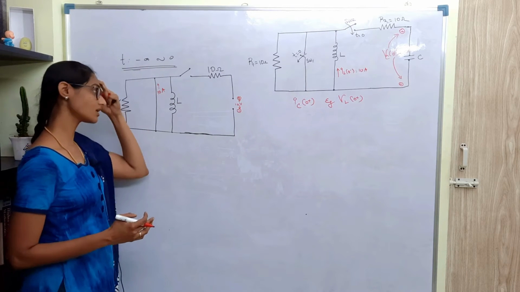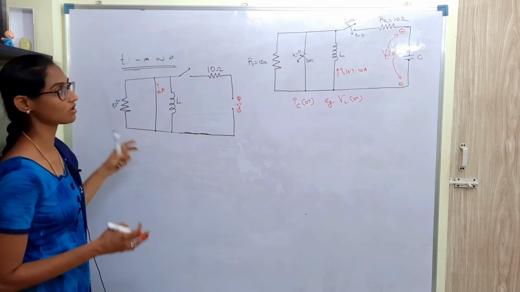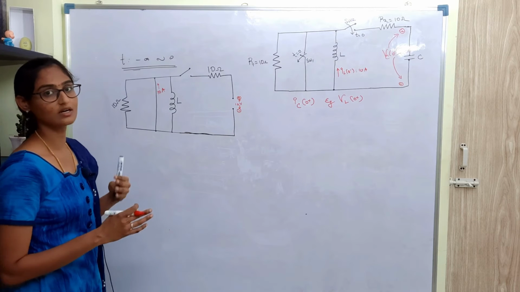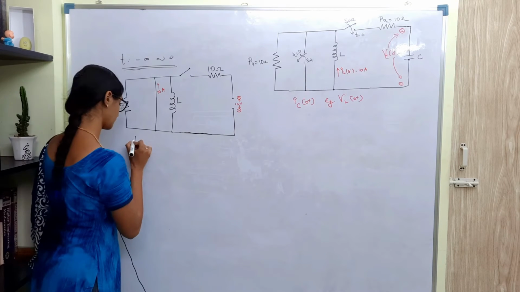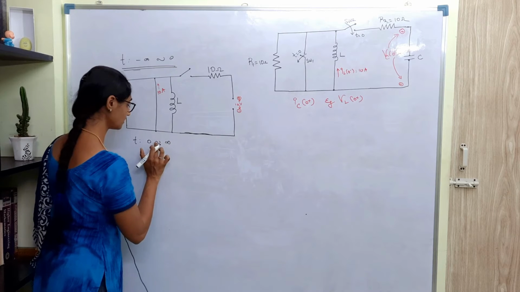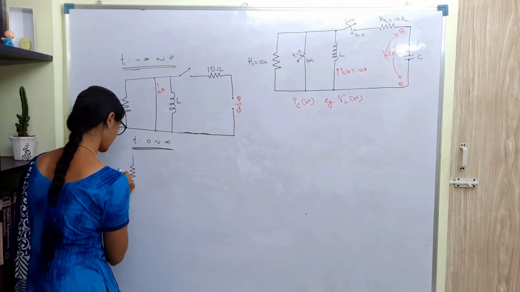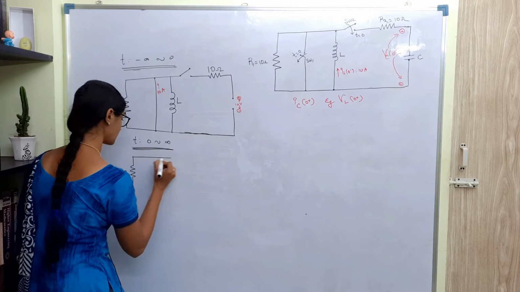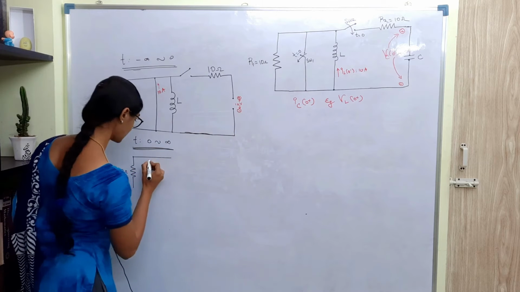So let us see what happens when the switch is thrown at t equal to 0. For the time t equal to 0 till positive infinity, we will have a 10 ohm resistor and then the switch is opened.